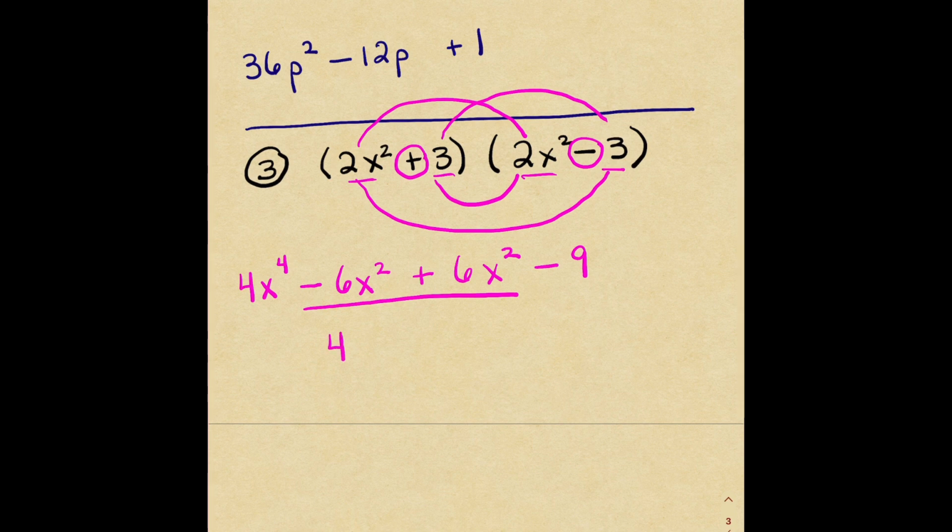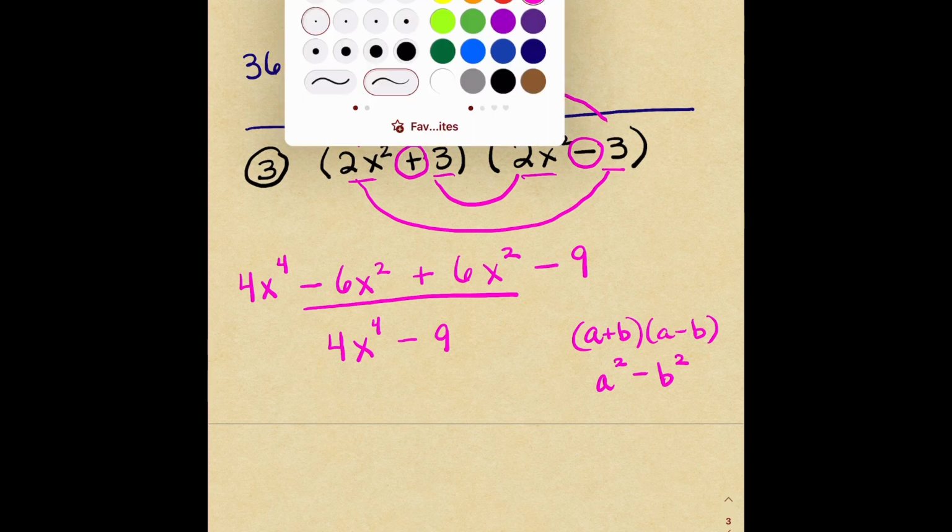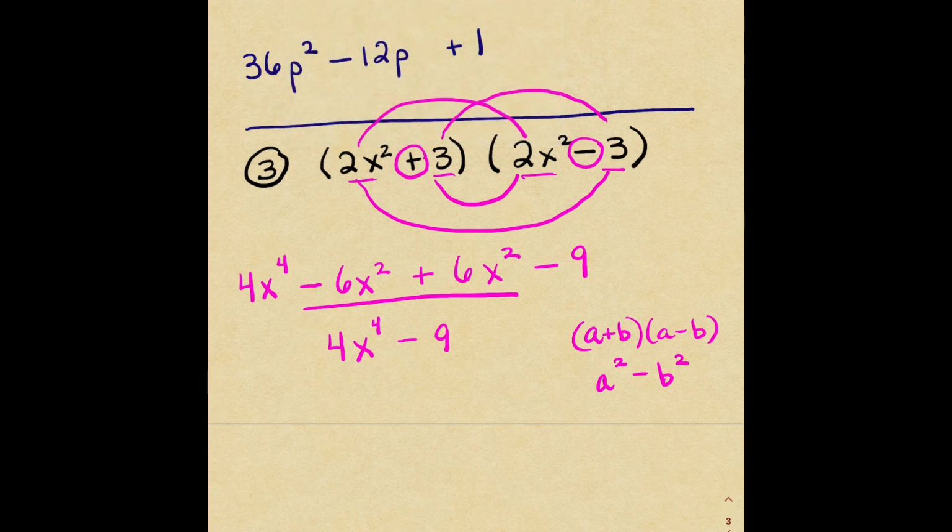It's really nice. And then we have 4x to the 4th minus 9. So this is that pattern where I had a plus b times a minus b, and in the end I'm going to get a squared minus b squared. Something to be training yourself to look for is that everything here is squared.